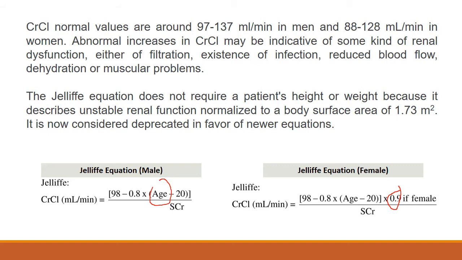So you have to remember these formulas: 98 minus 0.8 times age minus 20 over serum creatinine. That is for male. For a female patient, you have 98 minus 0.8 times age minus 20, times 0.9 if female, divided by serum creatinine. So it's just the same as male, but for female you have to multiply by 0.9. Okay? So you have to remember this formula.